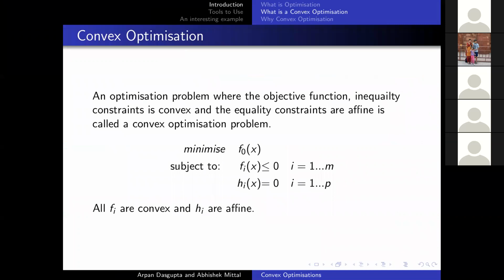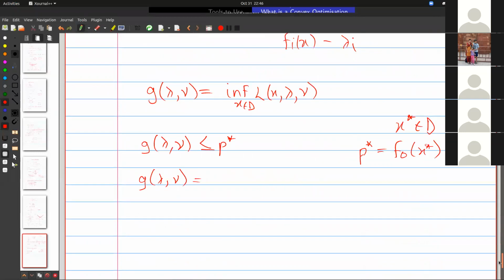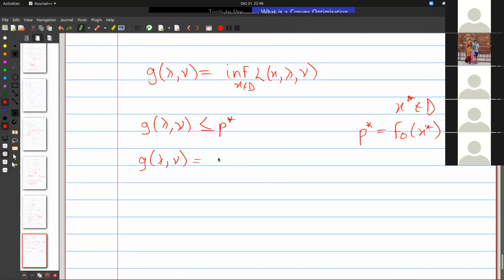Now this term completely disappears in our g, and what happens is that this is equal to f naught of x.